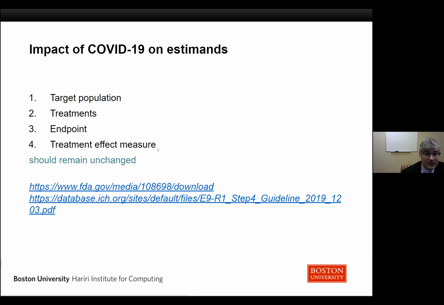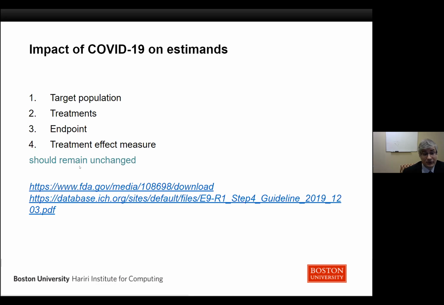So we could question that and then modify the measure to use estimators that do not rely on the censoring pattern. So the 4 points here should remain unchanged, the idea being to address the initial objective of the trial.